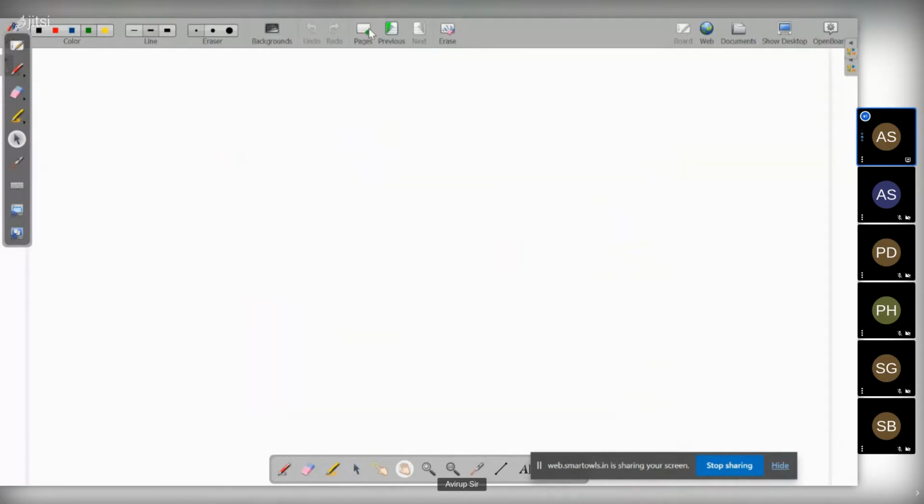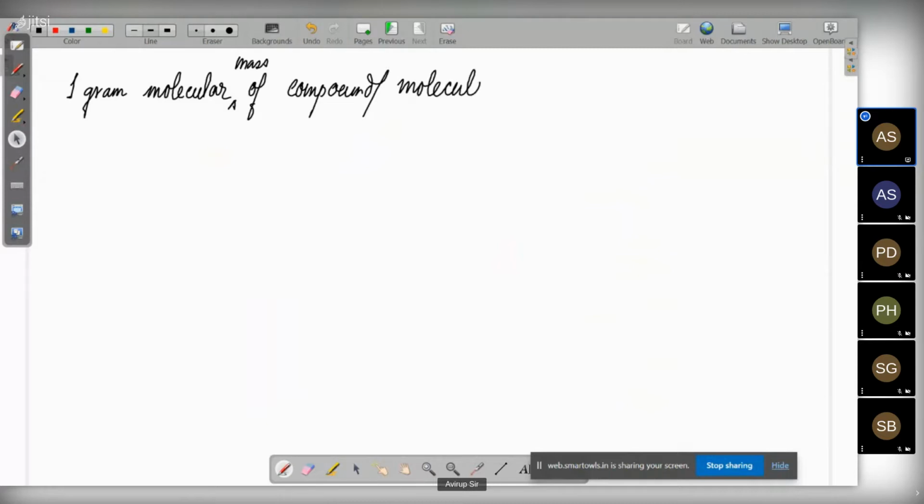From here we can conclude that 1 gram molecular mass of a compound or molecule, whatever, is equal to 1 mole.